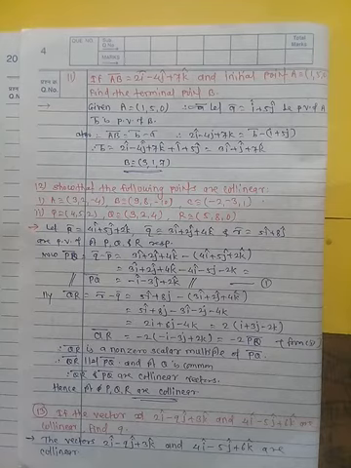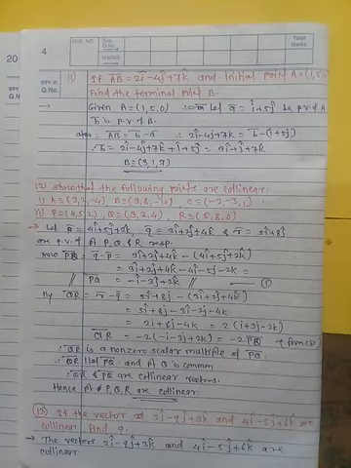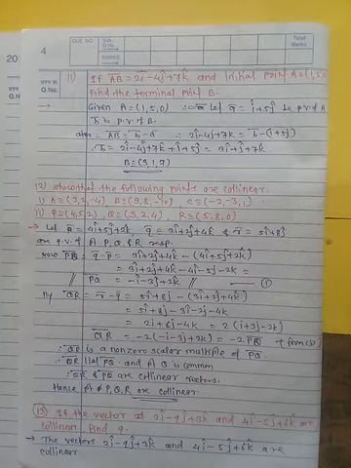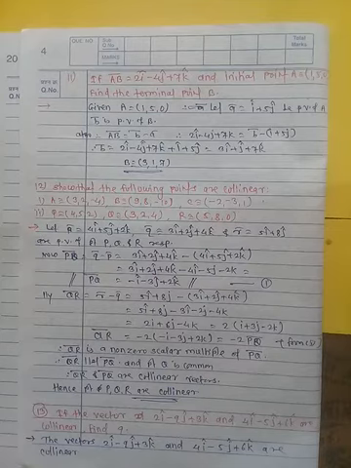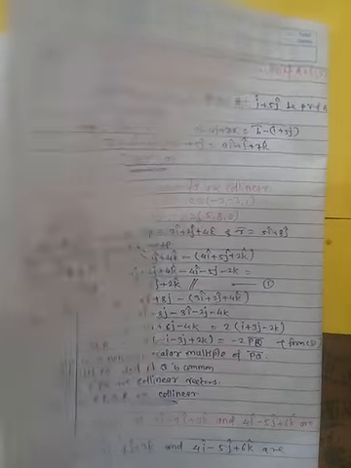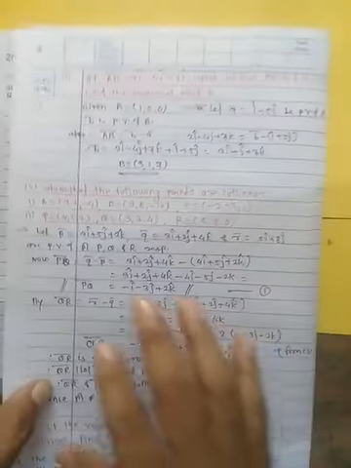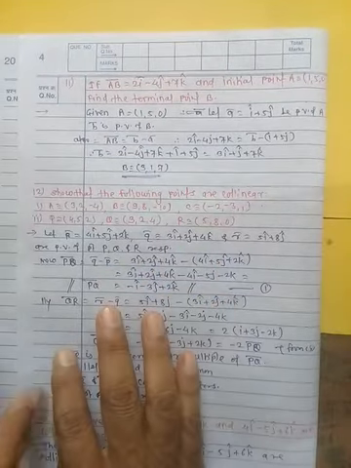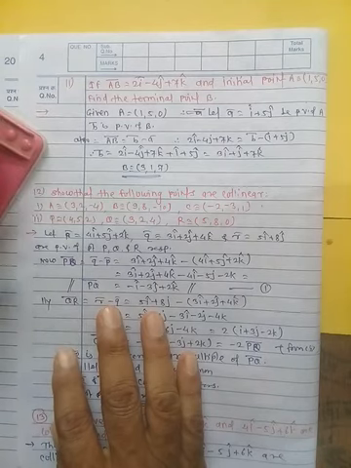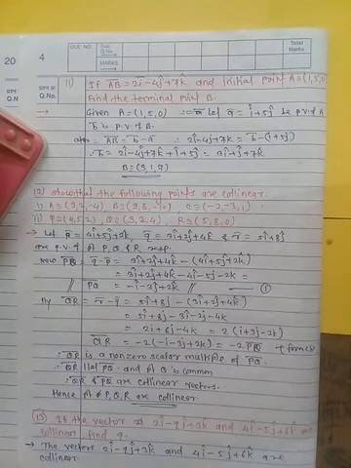Now we are given AB bar, and we know that AB bar is equal to the position vector of point B minus the position vector of point A, that is b bar minus a bar. So in this relation we know the value of AB bar. I will substitute the value of AB bar, 2i minus 4j plus 7k, equal to b bar, which we don't know, minus a bar, inside the bracket, i plus 5j.